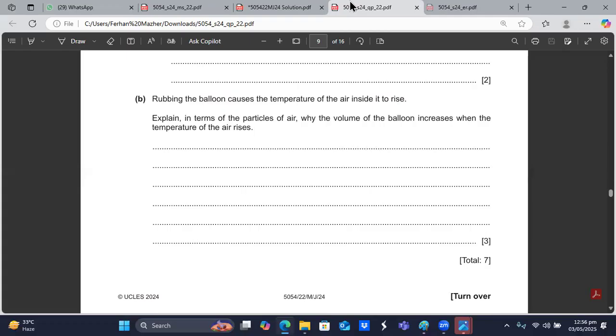So the particles start moving faster, and they will obviously have more kinetic energy. They will hit the inside walls of the balloon with more frequency, so the collision frequency with the inside walls of the balloon will increase.